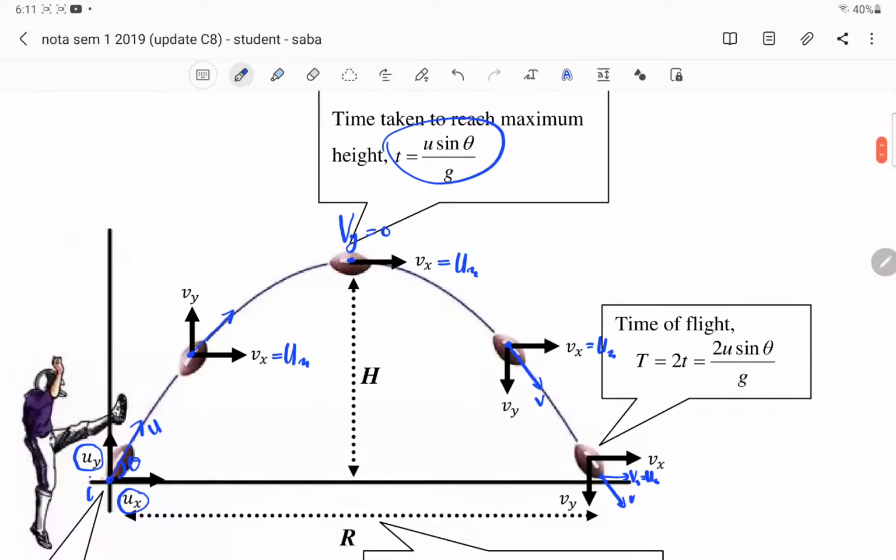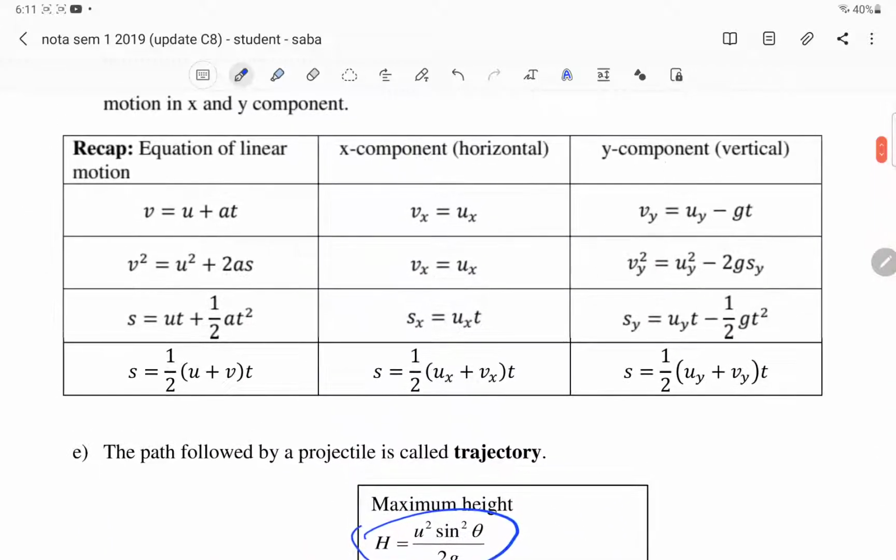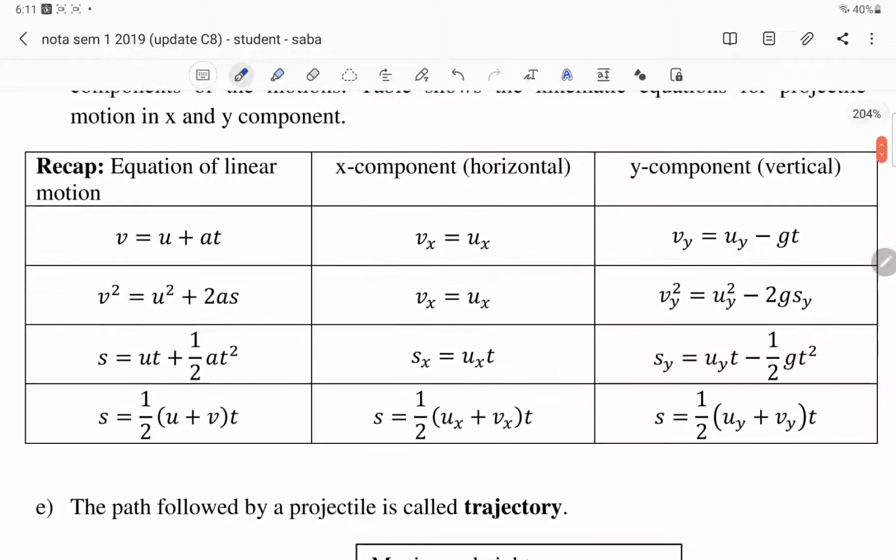Jadi untuk solution projectile motion saya akan mengutamakan formula yang dalam tabel ini. Di mana kita akan menggunakan formula yang ada dalam list formula for uniform acceleration of motion, formula number 1, formula number 2 and formula number 3.